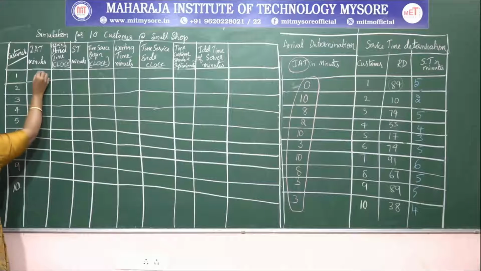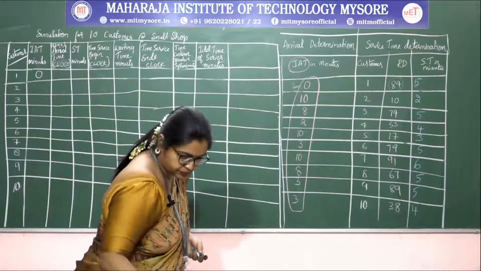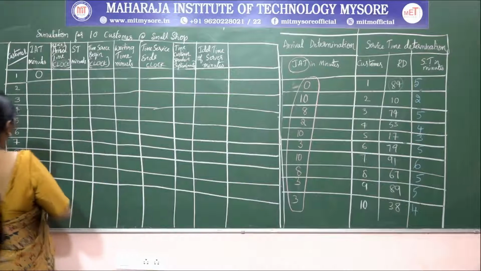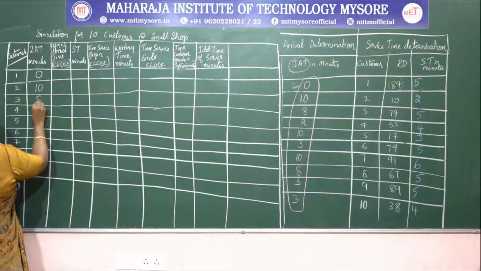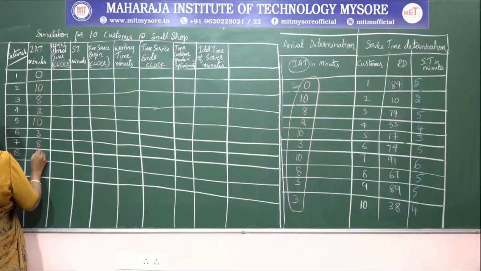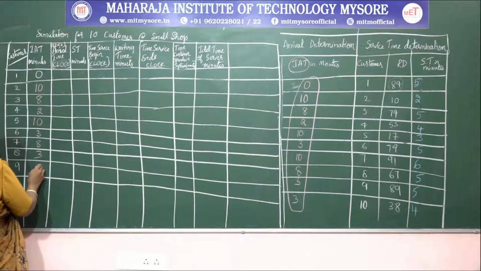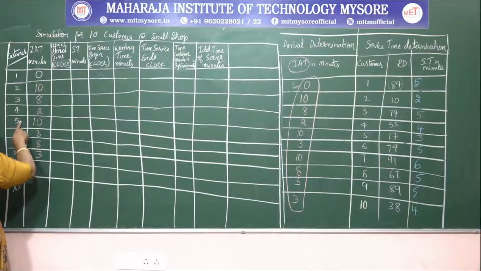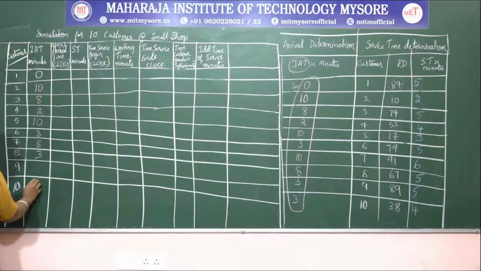Let us copy the same thing. The inter-arrival times are 10, 8, 2, 10, 3, 8, 3, 3. I left something, so let me count: 1, 2, 3, 4, 5, 6, 7, 8, 9, 10. This is 8 and this is 10.